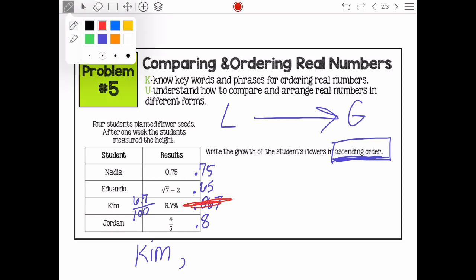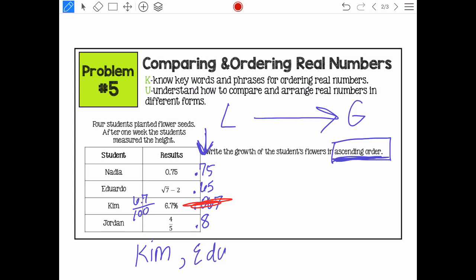All right, the next one in line, again, least to greatest, the second one in line. So if we're looking at these place values, I have 7, 6, and 8. 6 is the smallest, so Eduardo is going to go next. Mark through that.